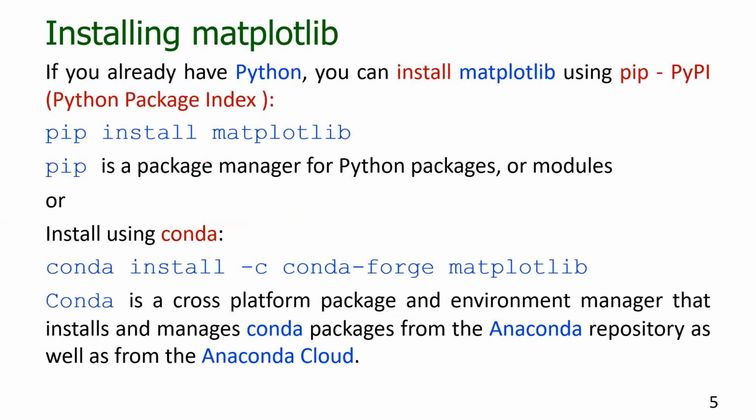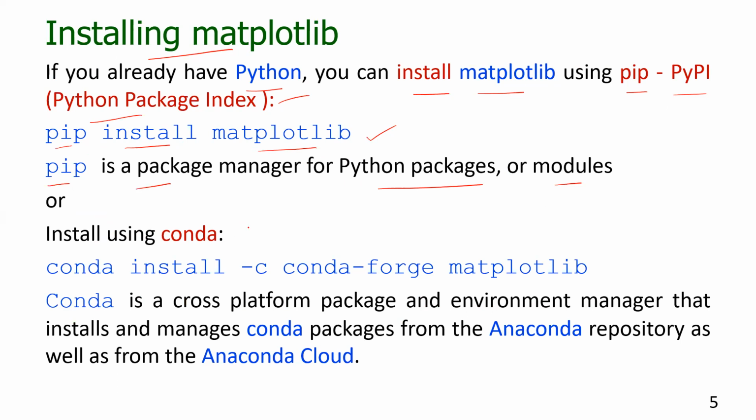Then how to install Matplotlib? If we already have Python, we can install Matplotlib using pip, which is from PyPI, that means Python Package Index. Simply you can use the statement pip install matplotlib. Here pip is a package manager for Python packages or modules. The alternative way of installation is using Anaconda.